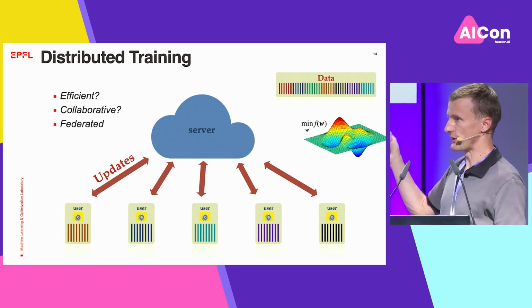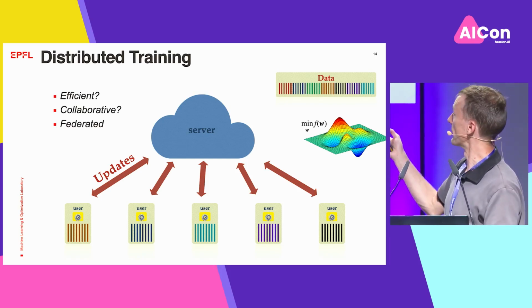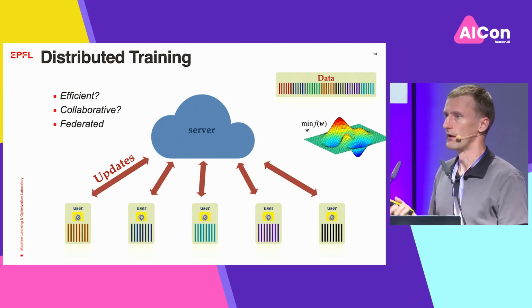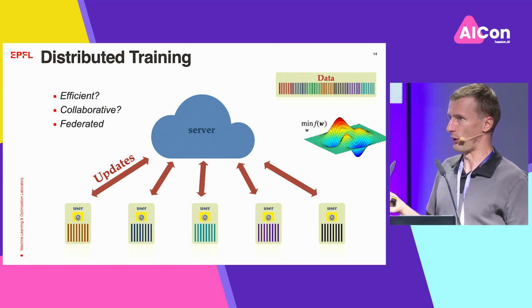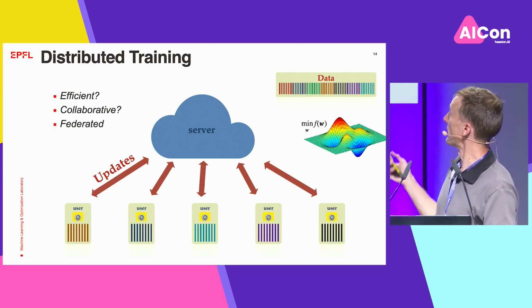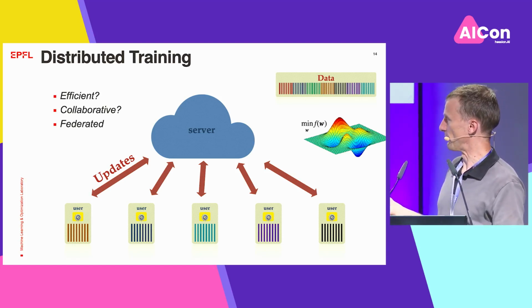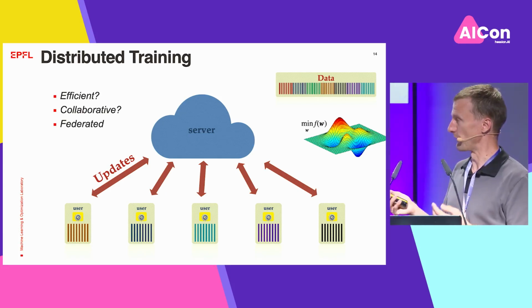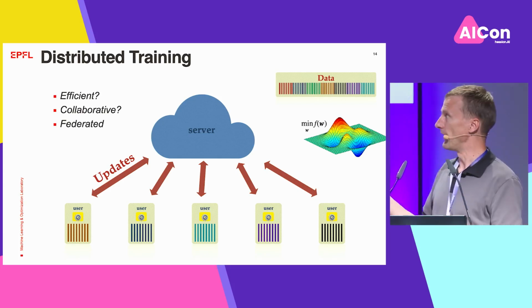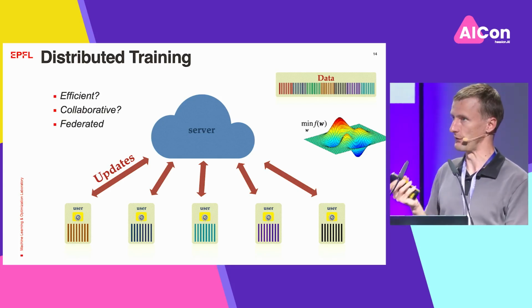It's to train on the joint data, to train on the data which is globally a little like this. But the problem is that everyone only has a part of that data. So this one only has the red part, and this participant here only has the blue part. So we want to do training together, and we want to find the same model as if the data would be centralized.